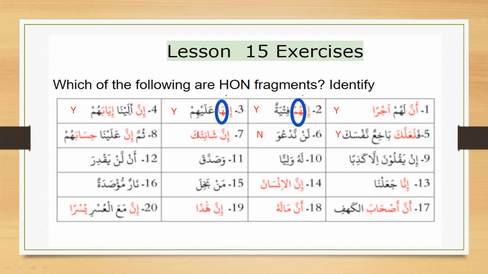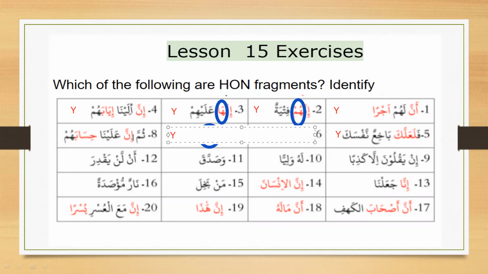And ka, which is an attached pronoun here, is jar because it's a mudaf ilayh. But ismu inna is shani'a, which is nasb in status with a fatha at the end. And inna is the harf of nasb. So yes, this is a harf of nasb fragment. Okay.